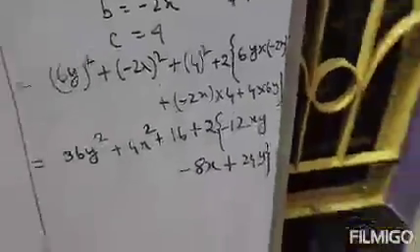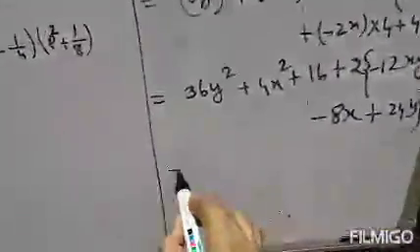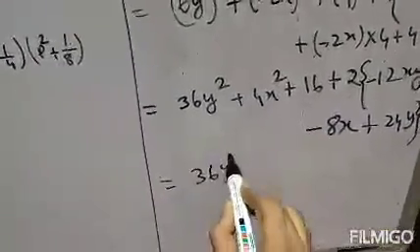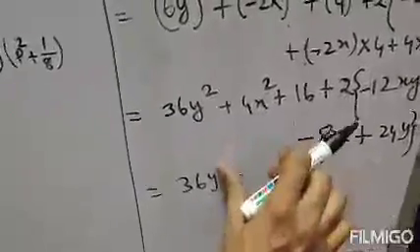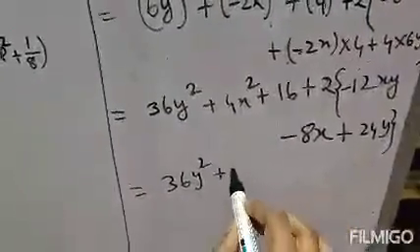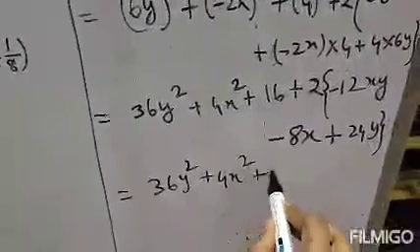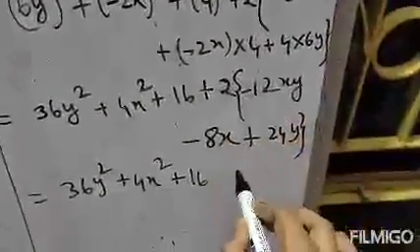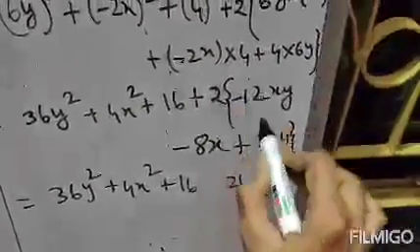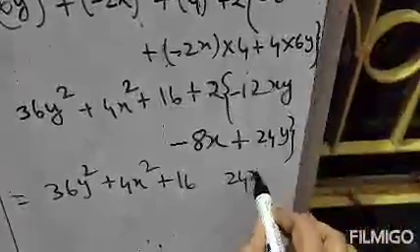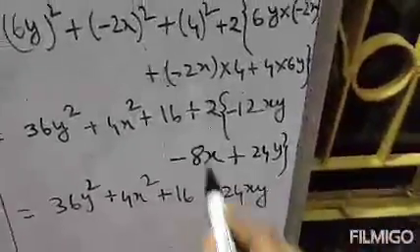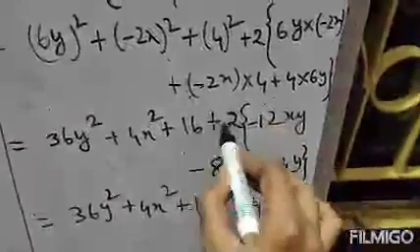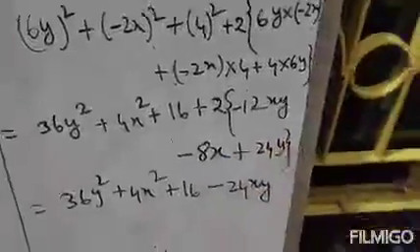Now I will multiply 2 to each of these, therefore 36y square plus 4x square plus 16. So multiply 2 twelves are 24, and xy, 24xy. Now you are opening the bracket, so plus minus gets minus.